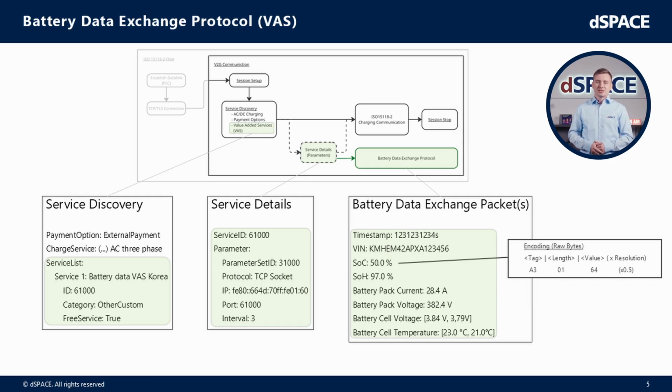Then in the service details we see, for example, the IP address of the charging station and the port where the electric vehicle will connect to, also the interval which defines how often such battery data is sent. And on the right side we see one single packet of the battery data exchange protocol. It contains all the relevant battery data, as you can see here.